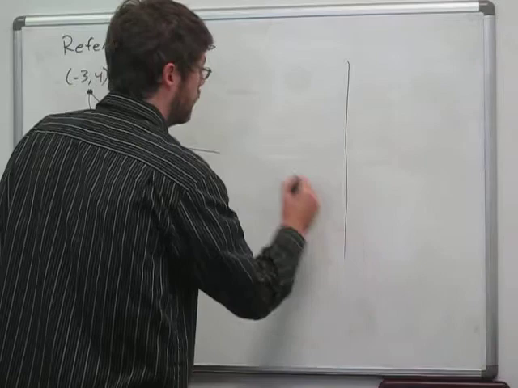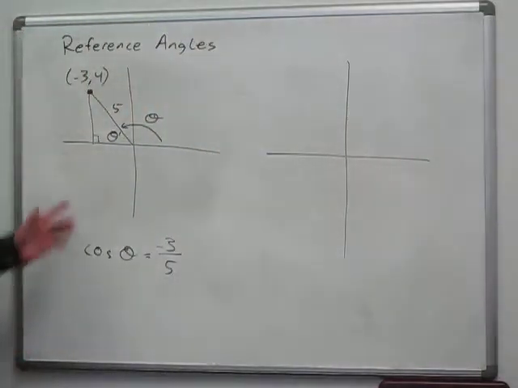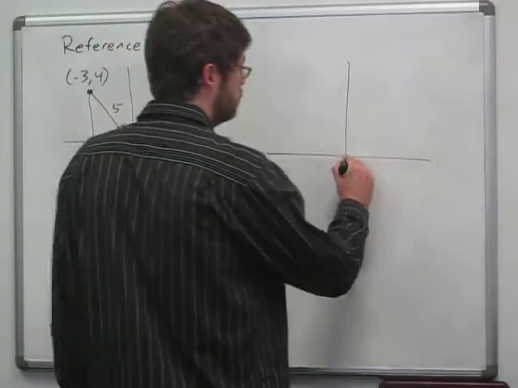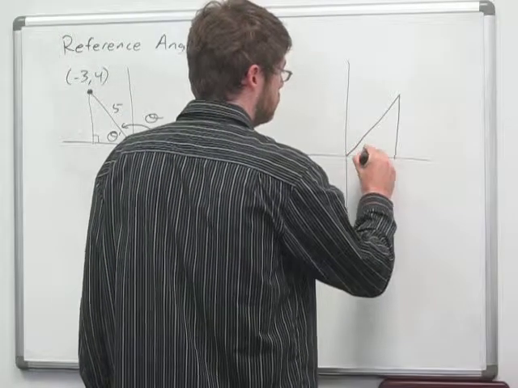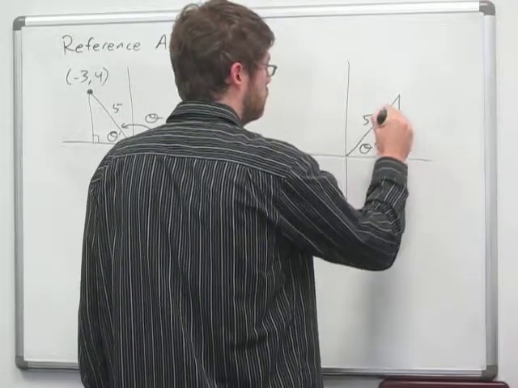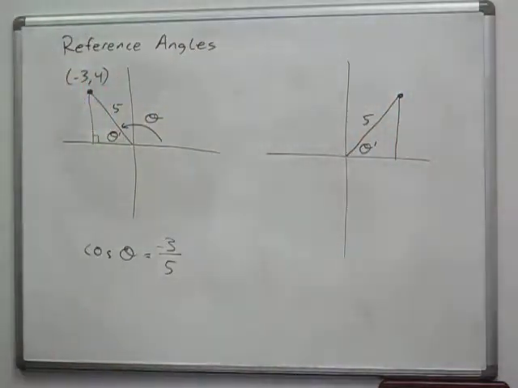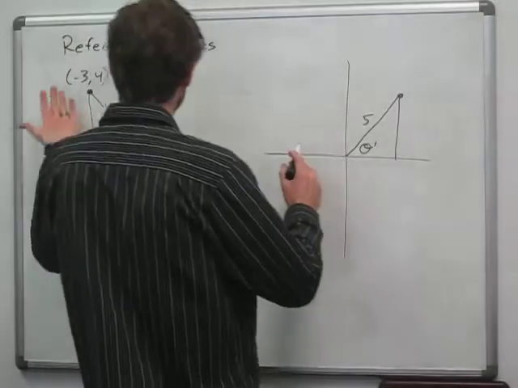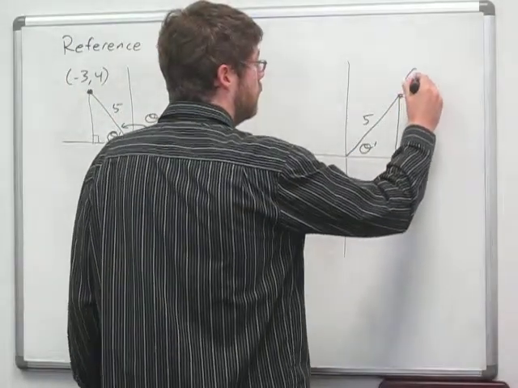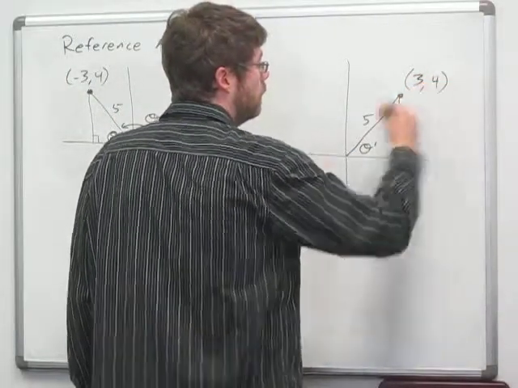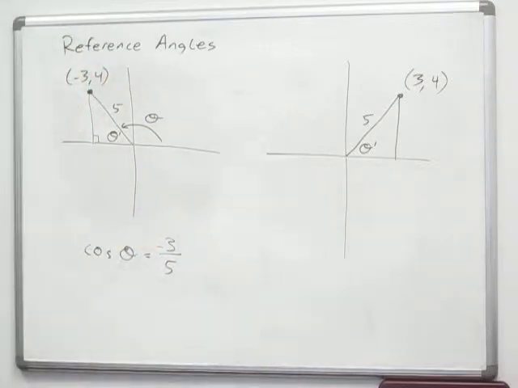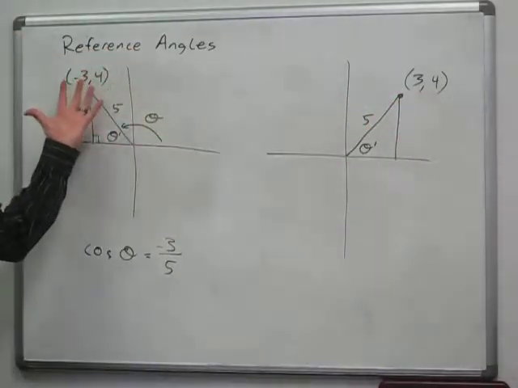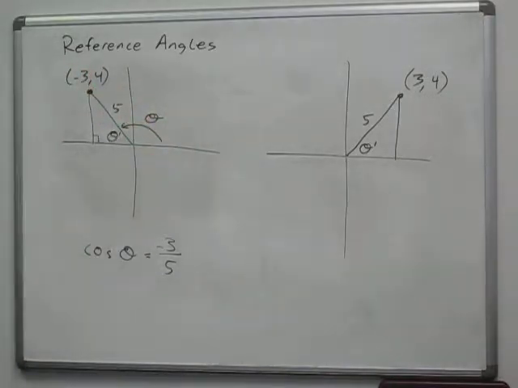What I could do is flip this triangle over into quadrant 1, and instead of (-3, 4), just flipping over the y-axis, we make our x-coordinate positive. So this triangle here is a mirror image of this triangle here.